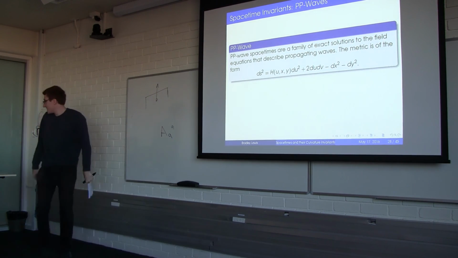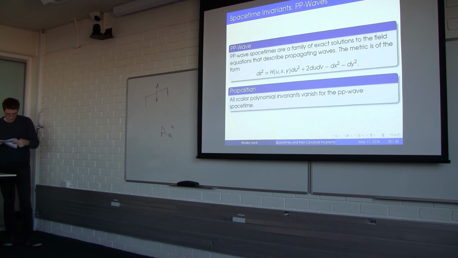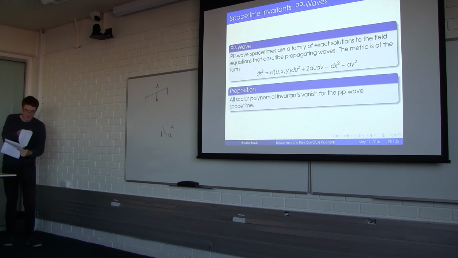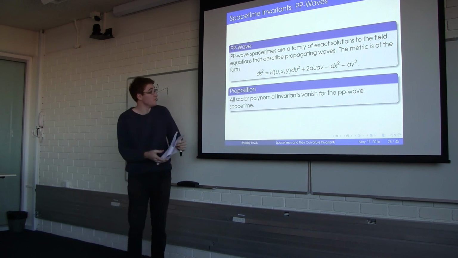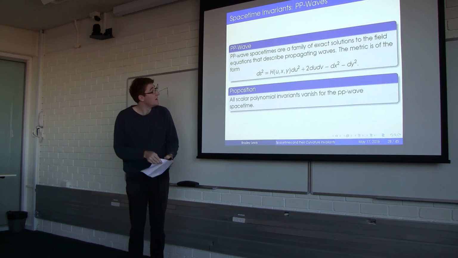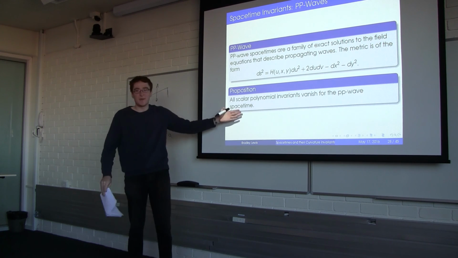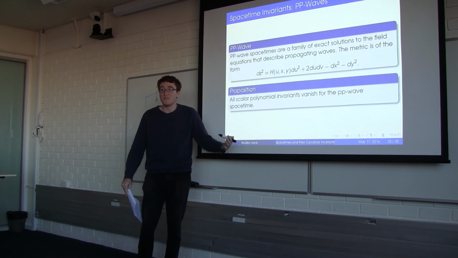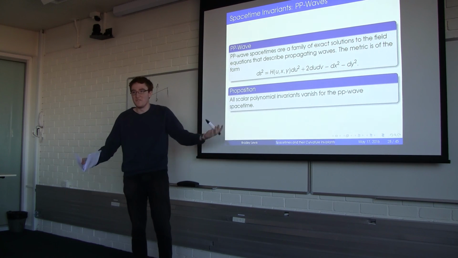And it turns out that this metric is not very nice, as it has all of its scalar polynomial invariants vanishing, as it says here. And that's annoying. This is not a flat spacetime, so the Riemann tensor is non-zero, yet every scalar polynomial invariant of it is 0.